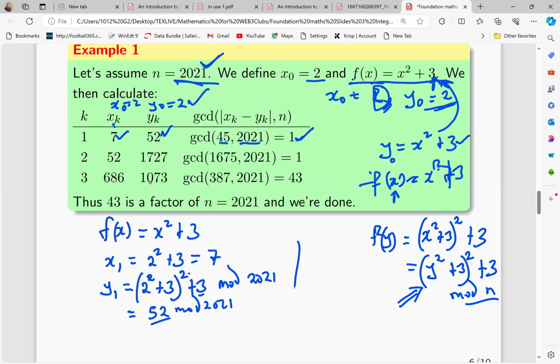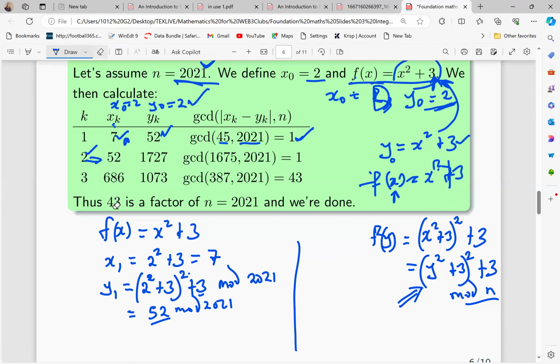So how do you find x2? We're using the x just above. I want to get x2, this line. I take the x above and replace it in the equation. The equation of x is here; let me just write it so it's clear.